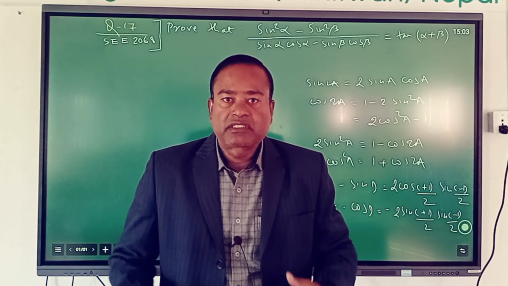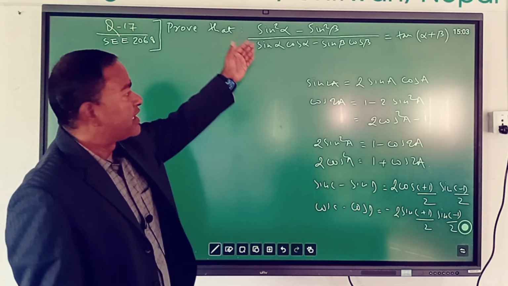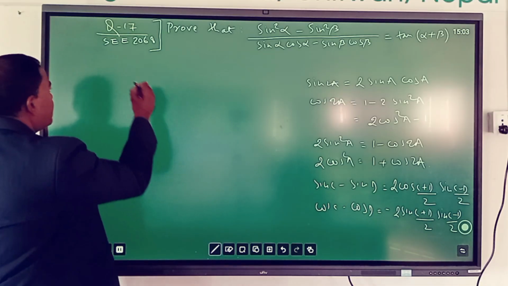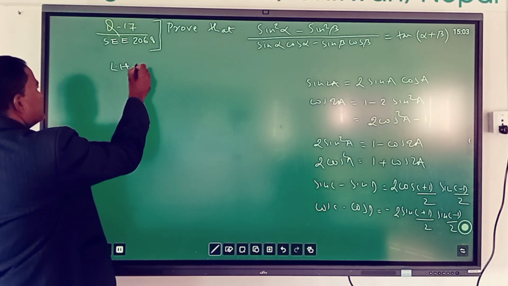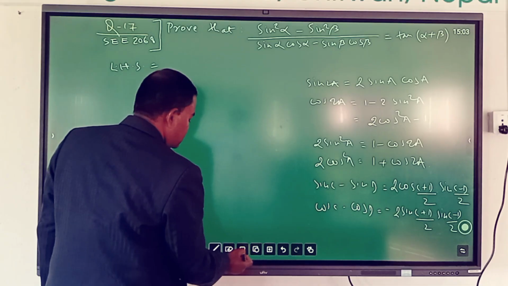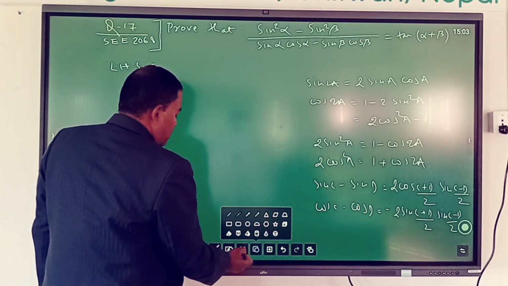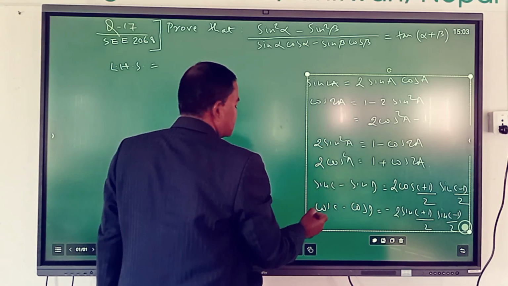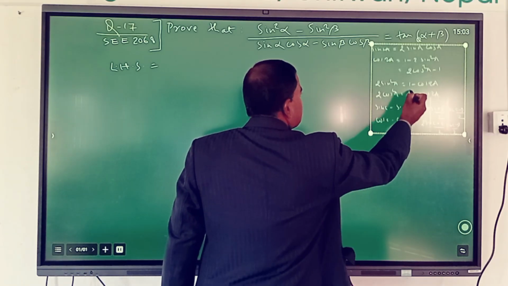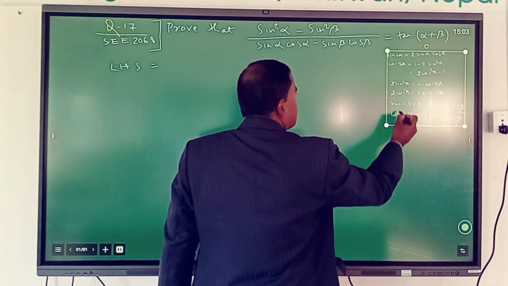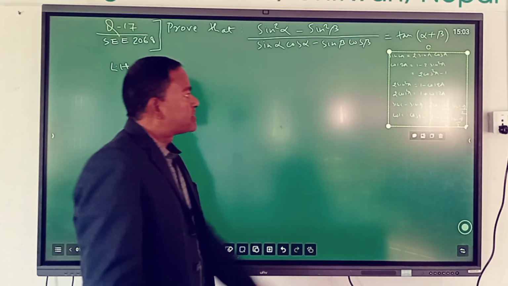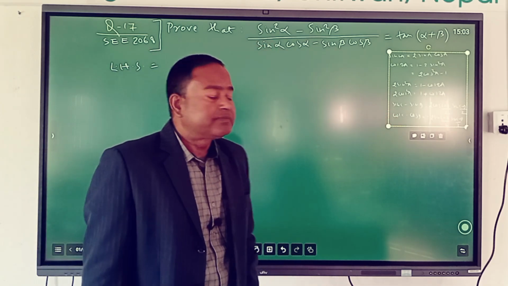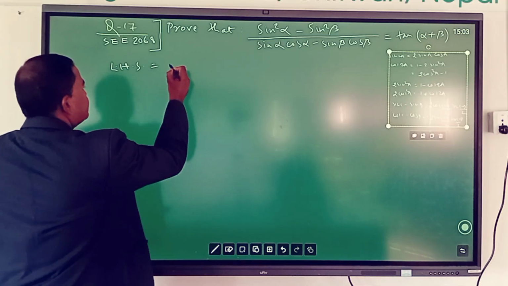That means altogether we will use five formulas to get the proof of this trigonometric expression. So let's take LHS at first.